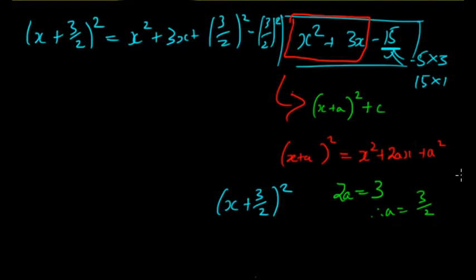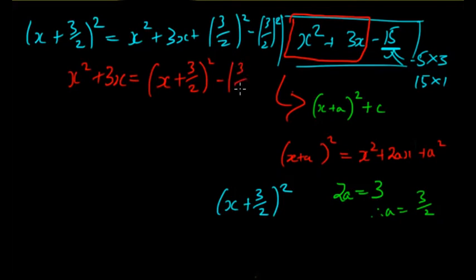So we can say that x squared plus 3x is equal to x plus 3 on 2 squared minus 3 on 2 squared, and if you expand that out, you'll see that those are equal. So we divide the middle term by 2, square it, and subtract it from the expression to get x squared plus 3x.